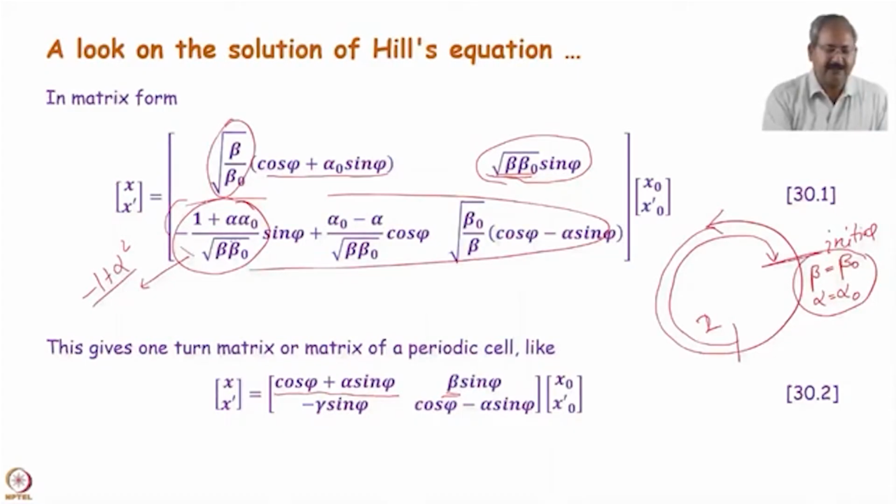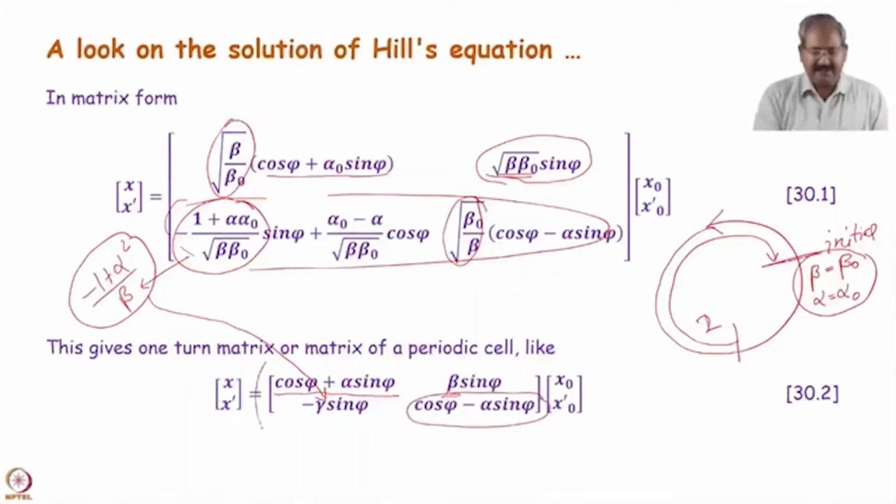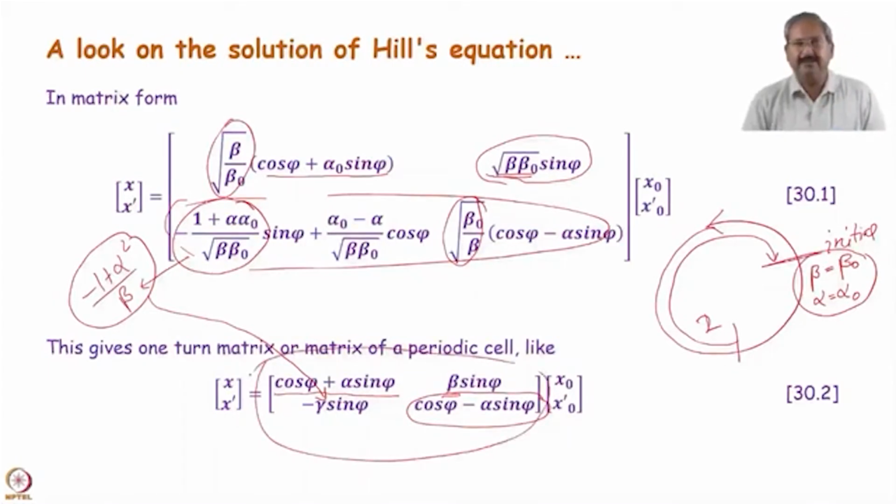So this is gamma, which is written here. Similarly, beta naught and beta cancel out, so we have cos phi minus alpha sin phi.